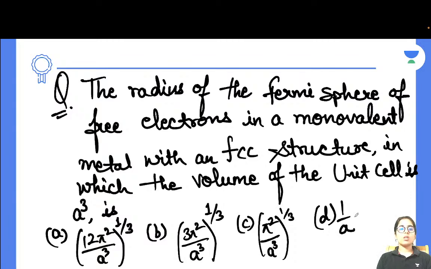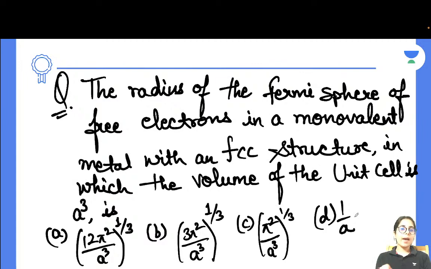So the radius of the Fermi sphere of free electrons in a monovalent metal with an FCC structure is what? Let me know if you can get it. Let me know if there is any doubt. Okay, so again, FCC is what?